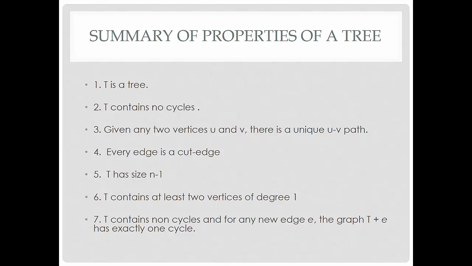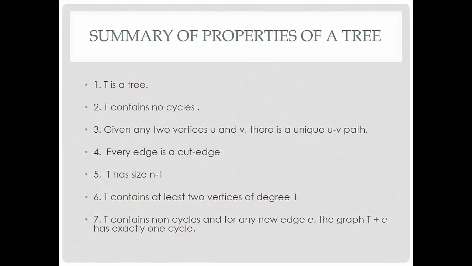So here is a summary of the properties of a tree. Some of these we discussed in the first section. Now let's list them all. If T is a tree, what do we know? It contains no cycles. Given any 2 vertices, there's a unique path between them.